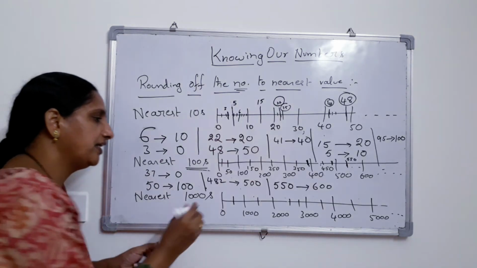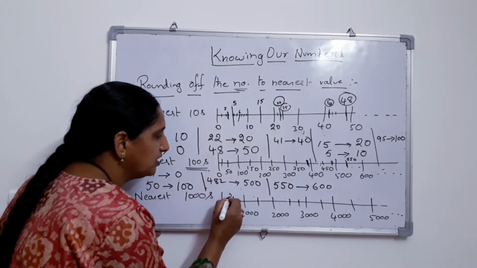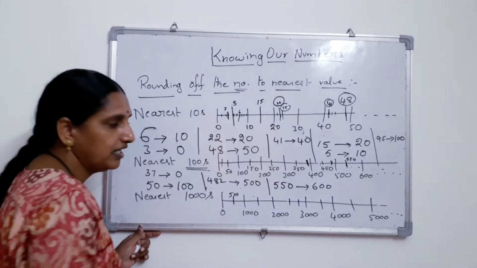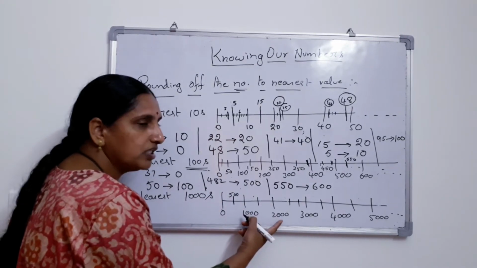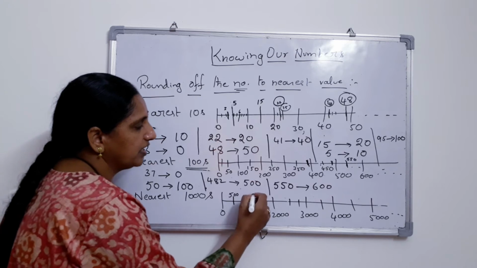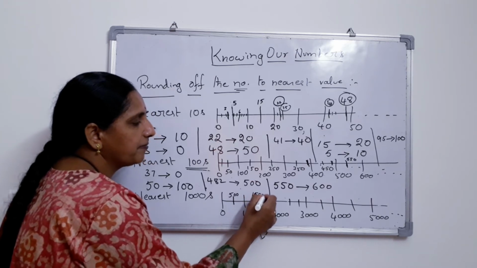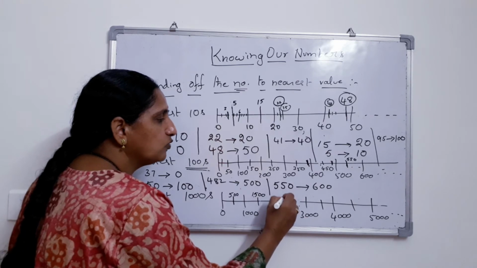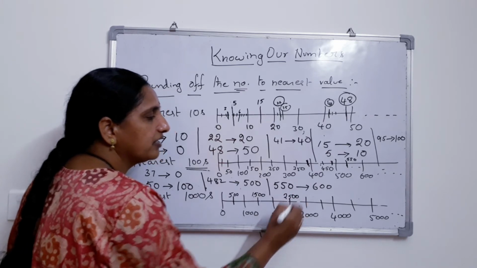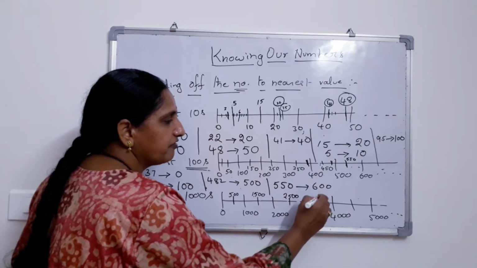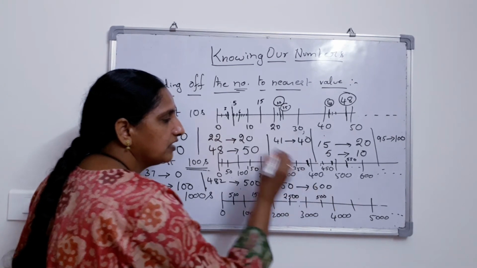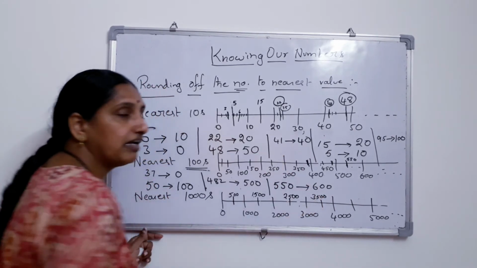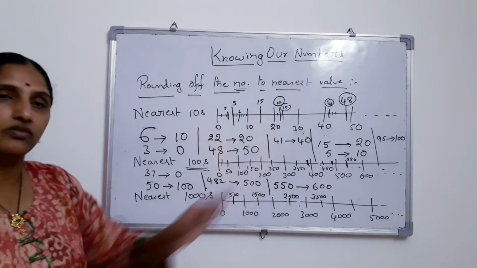Yes, 500. And between 1,000 and 2,000, add 500 to 1,000, it is 1,500. Between 2,000 and 3,000, it is 2,500. Always to the lower value you are adding 500. Then 3,500. So these are the mid values.